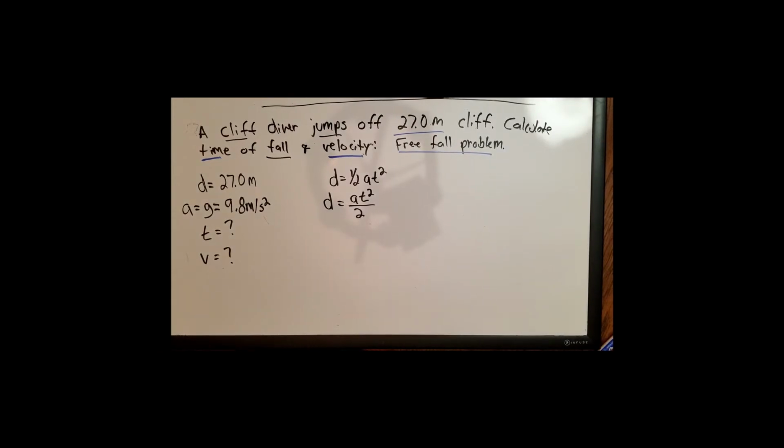All right, so I need t by itself. The first thing I'm going to do is take this number 2 and get rid of it. To get rid of it, I need to multiply this side by 2. Since it's in the denominator, I'm moving it up to the numerator, and it cancels out on this side.